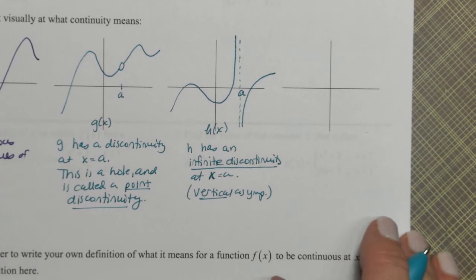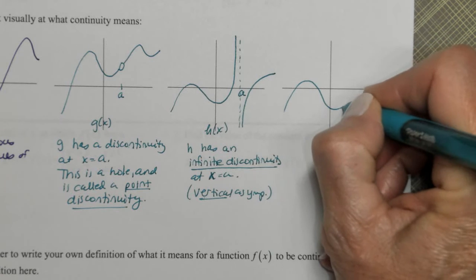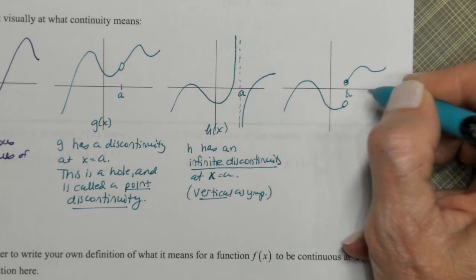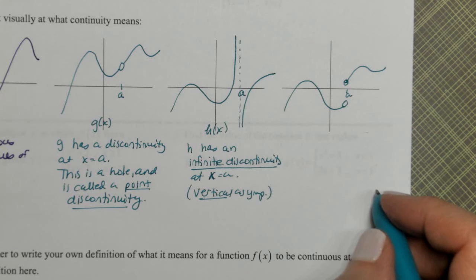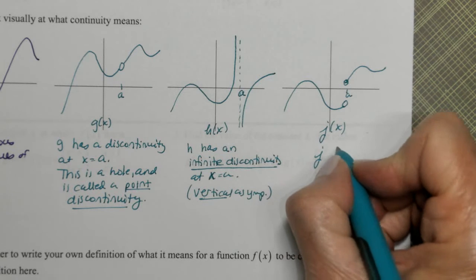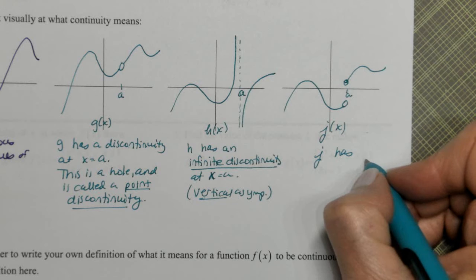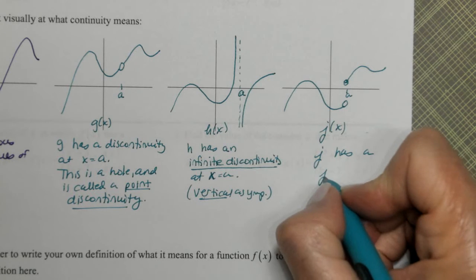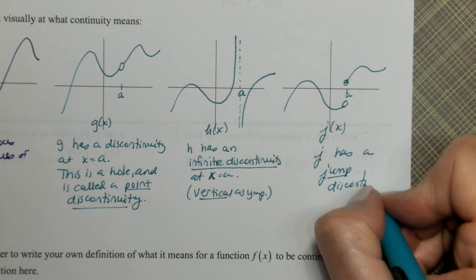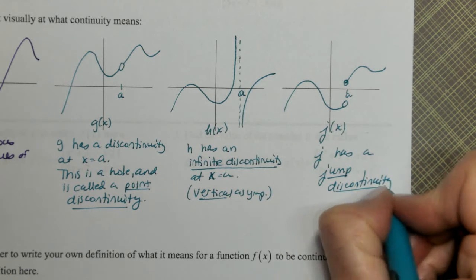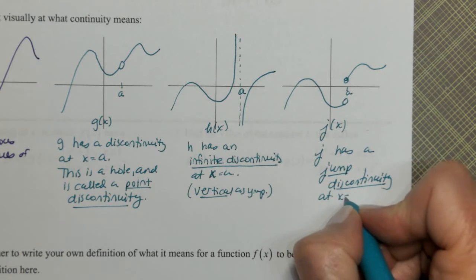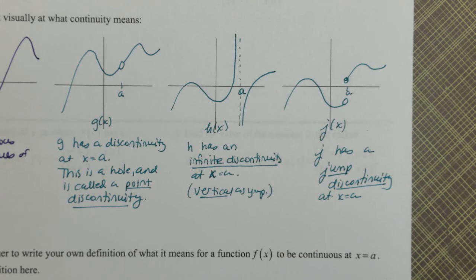All right, the last kind of discontinuity is when we have something like this happening at x equals a. Maybe we'll call this function j. j has what is called a jump discontinuity at x equals a.